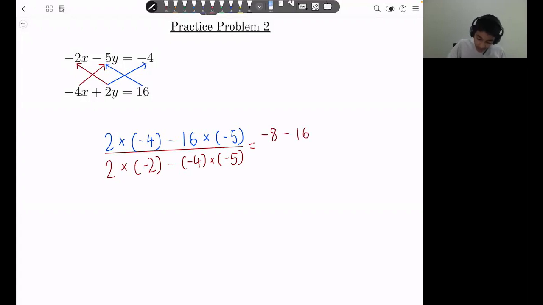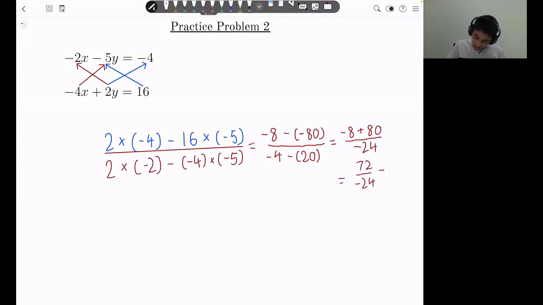And 16 times negative 5 is just negative 80. Divided by 2 times negative 2 is negative 4 minus negative 20 or just 20, since negative 4 times negative 5, the negatives cancel and just give 20. And this is just negative 8 plus 80, because the two negatives cancel out, divided by negative 24, which is just equal to 80 minus 8, or 72, divided by negative 24, which is equal to negative 3.